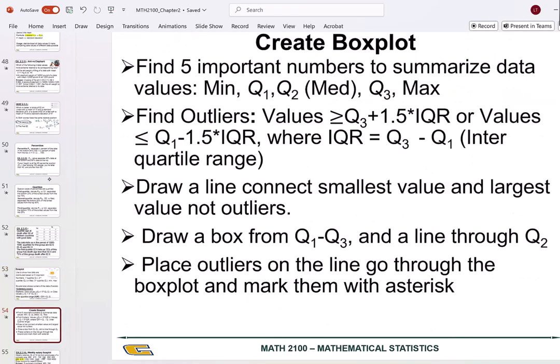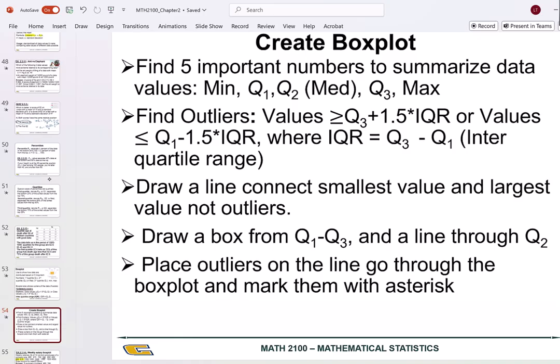To create a box plot, first you need to find the important numbers. The good news is that the TI calculator can help you do that: put all the values in list L1 and do one-variable stats, and you should be able to find all these values. Then you need to identify the outliers.